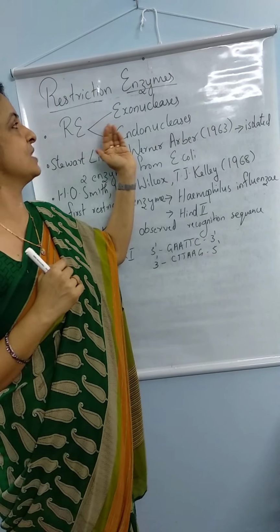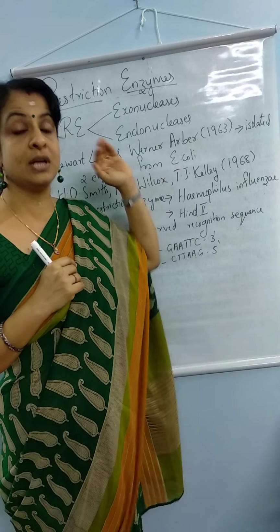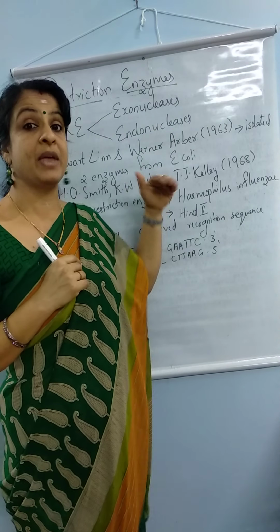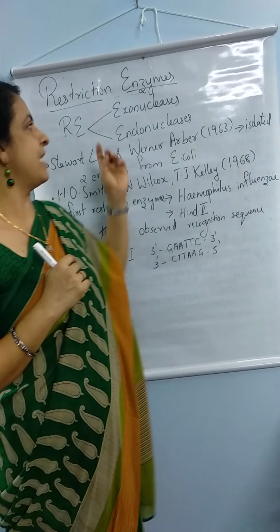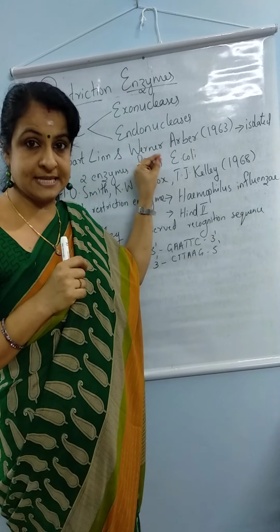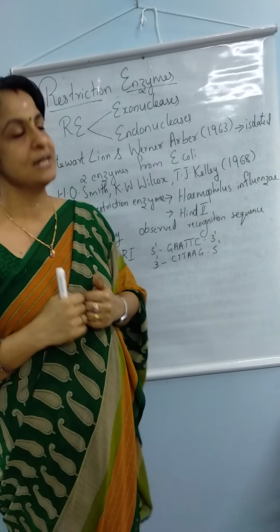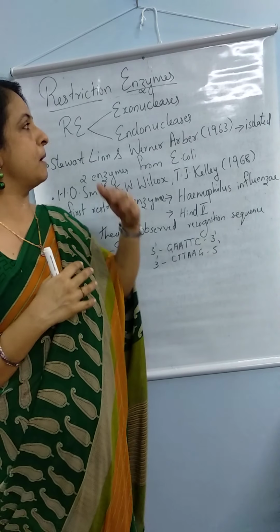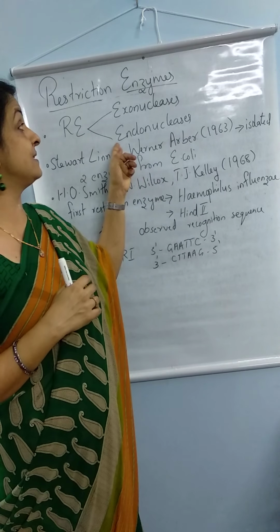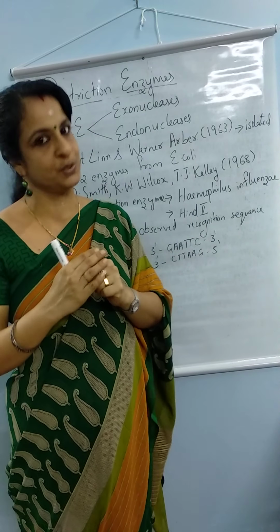Restriction exonucleases are enzymes which cut the DNA from its ends, whereas restriction endonucleases are nuclease enzymes that can cut DNA from within the strand. In biotechnology, they make more use of restriction endonucleases because we have to cut within the DNA strand.